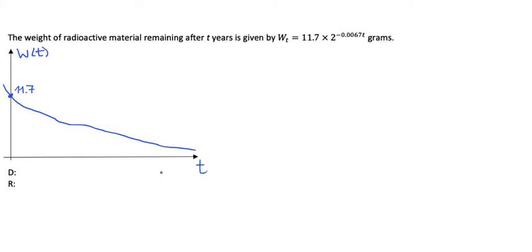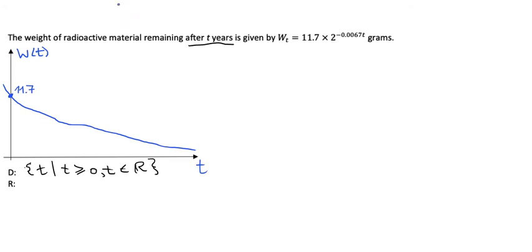Okay, the domain for this function, keeping in context the fact that it's after t years, is going to be t is such that t is greater than or equal to 0, because we can't have negative time, okay? Otherwise, it's defined for anything, okay?